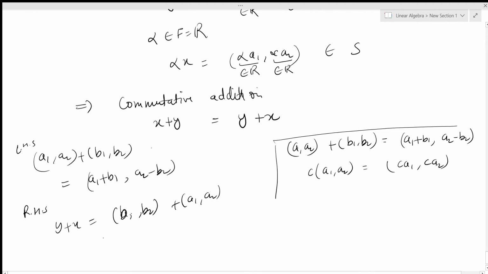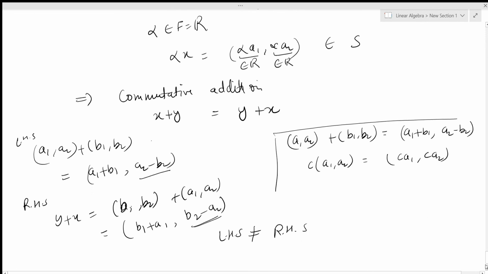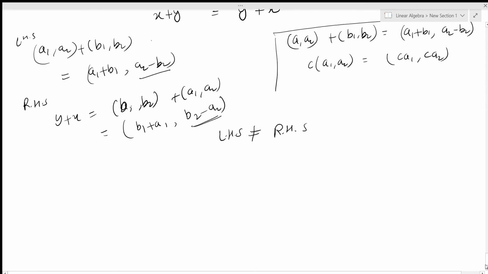So this is (b1 plus a1, b2 minus a2), and you know that these two are not the same because a2 and b2 are real numbers, so the left hand side is not equal to the right hand side. That means this condition is not verified here. It means S is not a vector space.